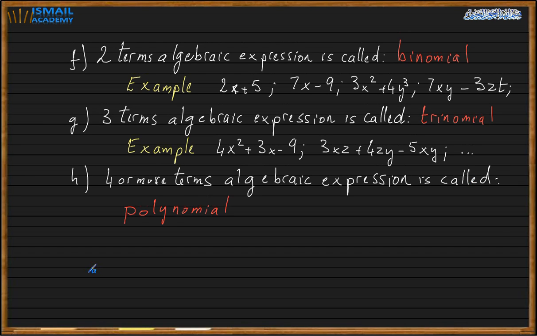Example, like 4x to the fifth plus x squared minus 3x cubed plus 2x plus 1. So this is an example of a polynomial.